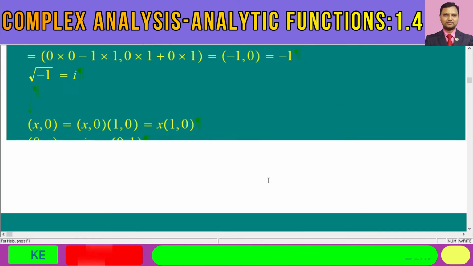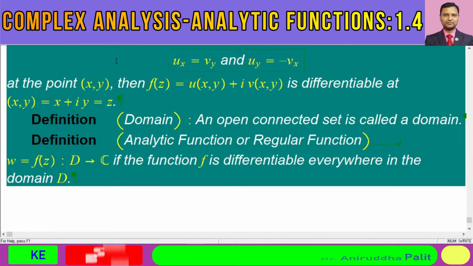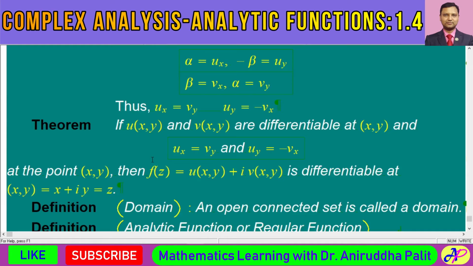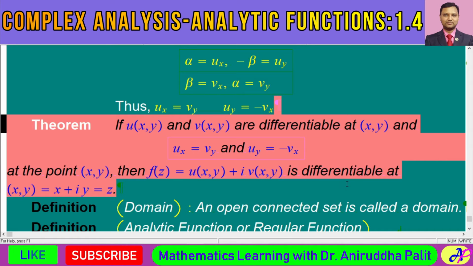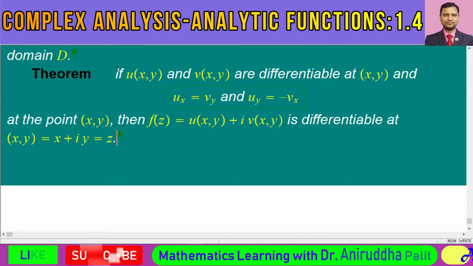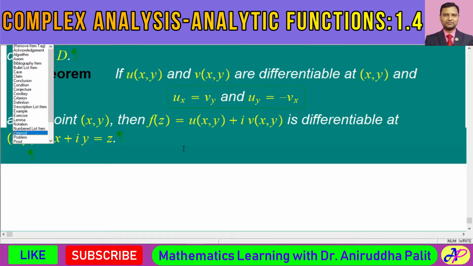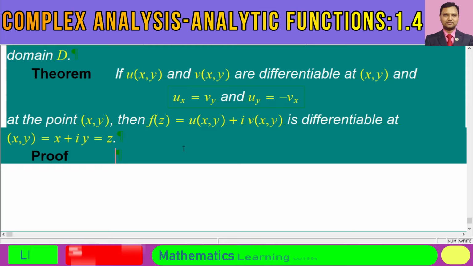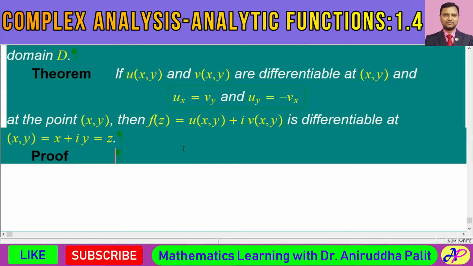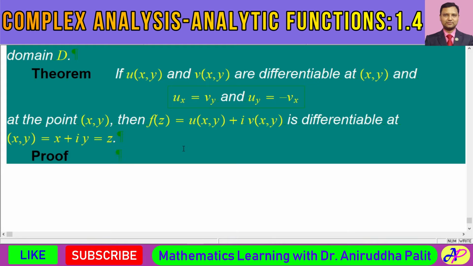I am writing the detailed calculation, only the calculation portion over here. So this is the sufficient condition. Let me just cut and paste it in the next line. Over here, we are going to prove this theorem, and I am not writing the detailed language. I would say it in my words, but I would write only the mathematical portions.